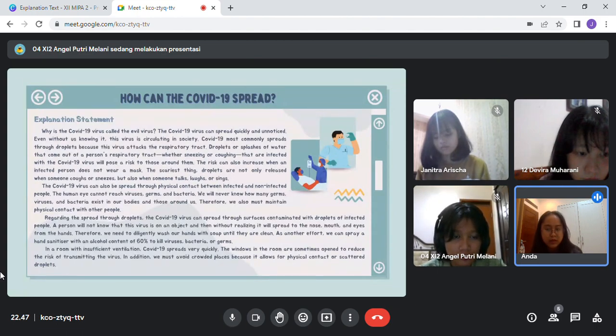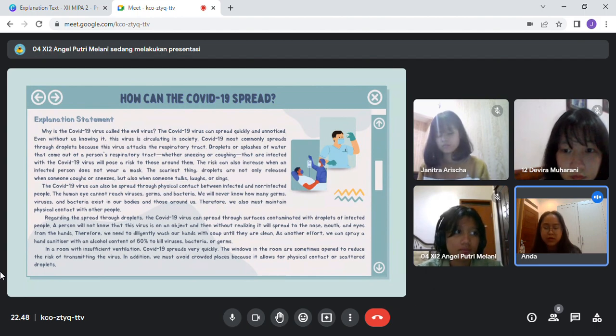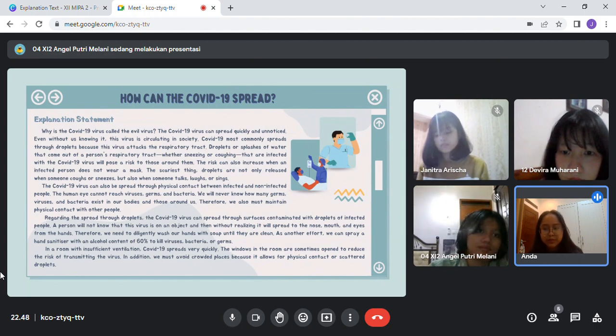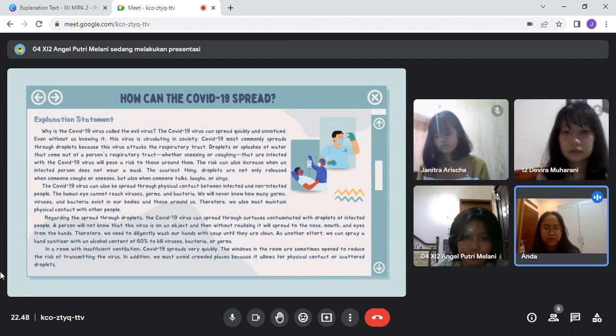The risk can also increase when an infected person does not wear a mask. The scariest thing is that droplets are not only released when someone coughs or sneezes, but also when someone talks, laughs, or sings. The COVID-19 virus can also be spread through physical contact between infected and non-infected people.